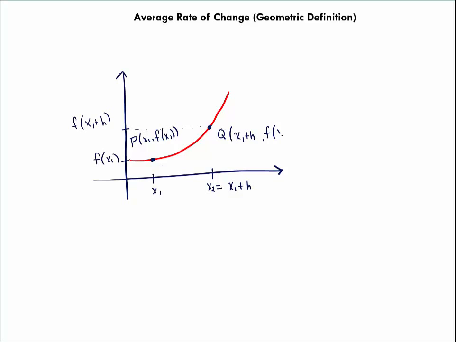So that's my y value. So all of this is my ordered pair, my x comma y. And once again, we said that this change in x equals h. So that's just how we defined it.